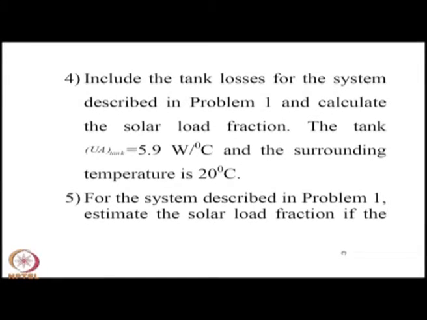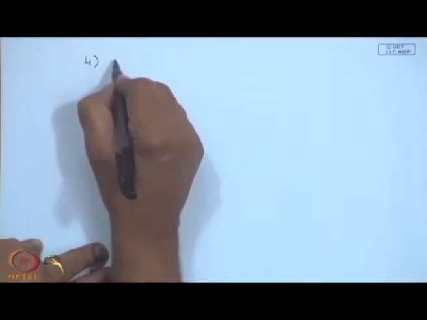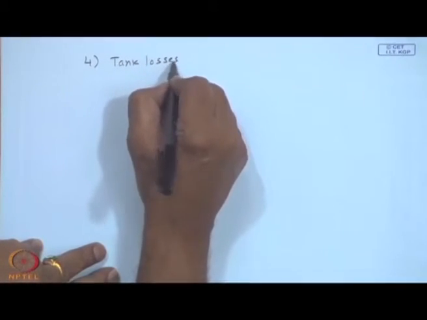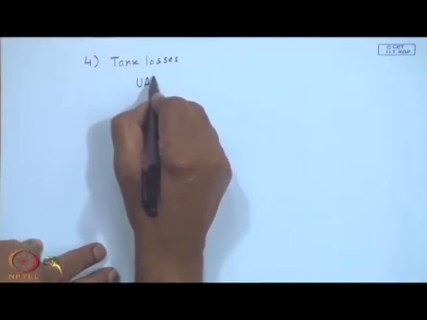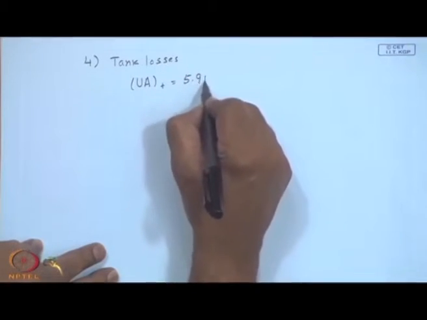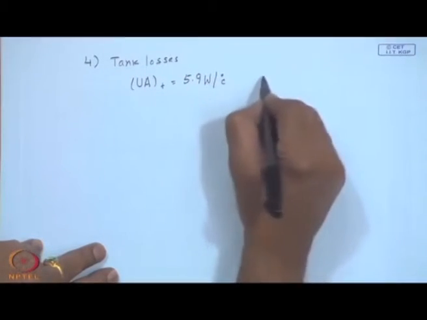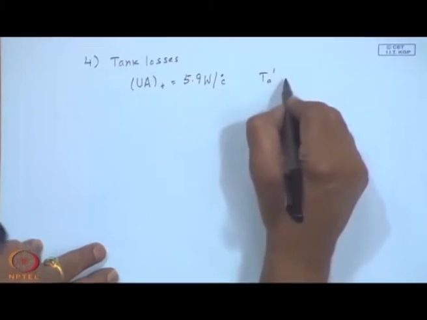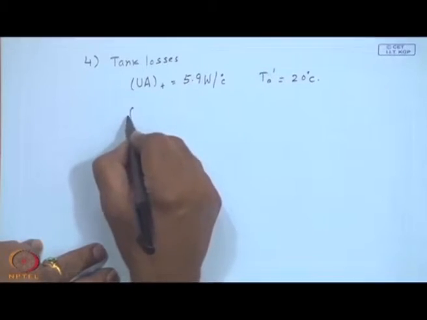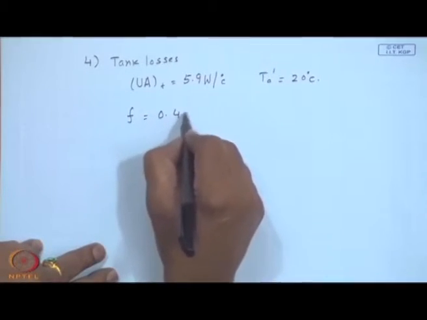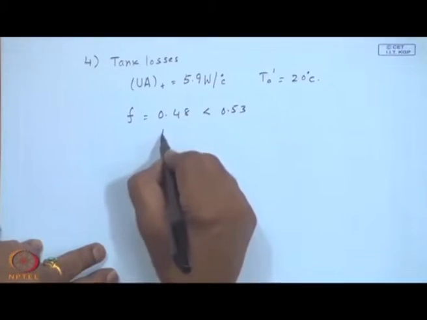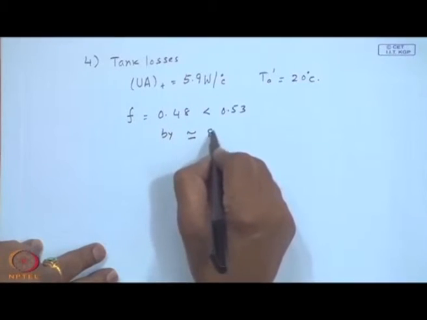Then subsequently, we included the tank losses in problem 4, which has a tank with UA_T of 5.9 watts per degree C, losing heat to the environment at 20 degrees C. Then F we got to be 0.49, which is less than 0.53 by approximately 8%.